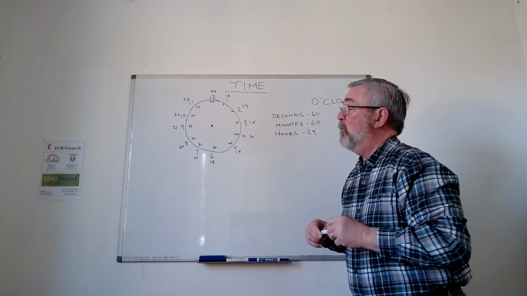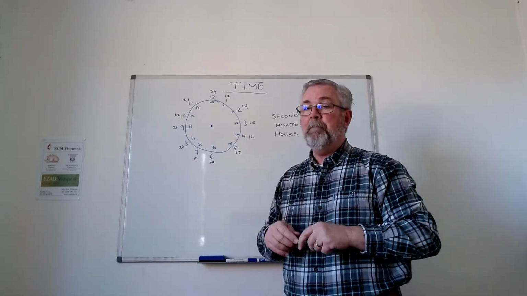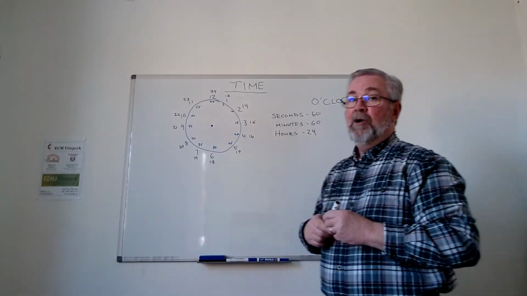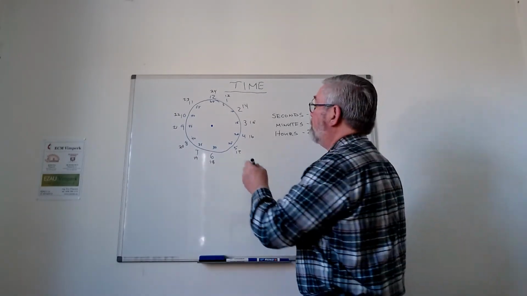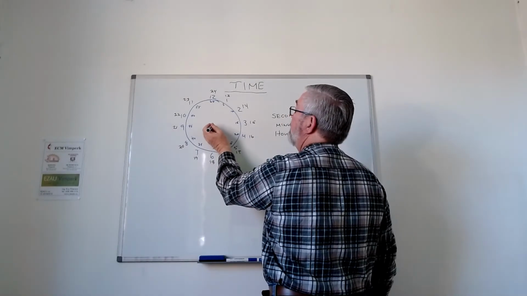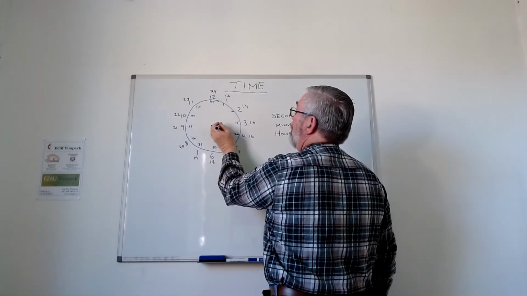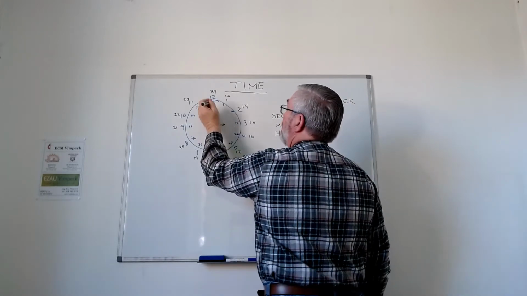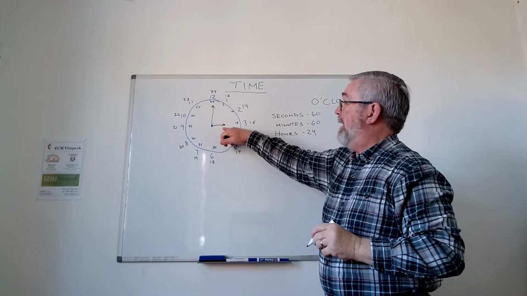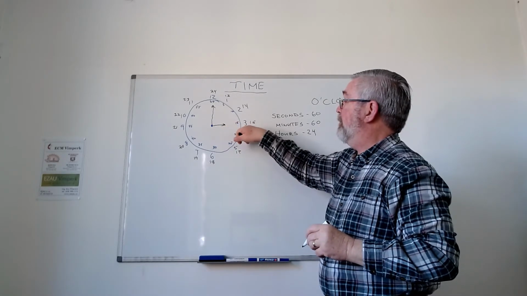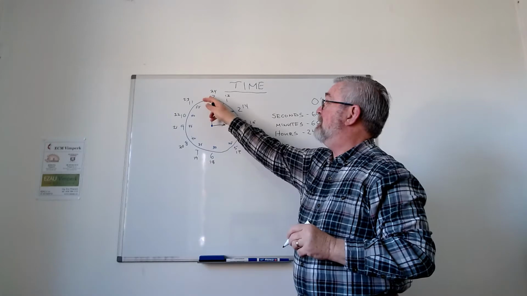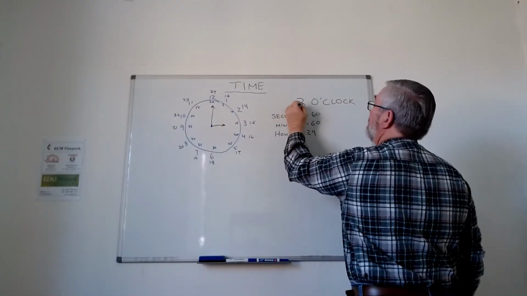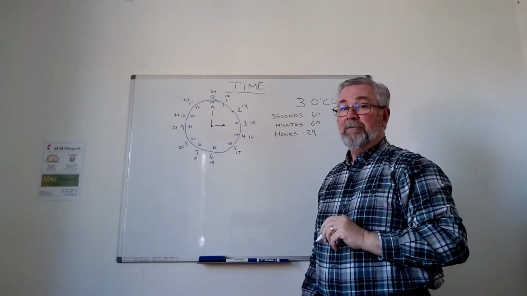Okay, so when we refer to time, we refer to o'clock when it is straight time, for example, when the small hand is pointing to the 3 and the big hand is straight up to the 12, it is 3 o'clock.